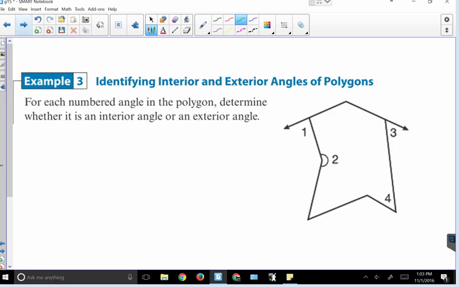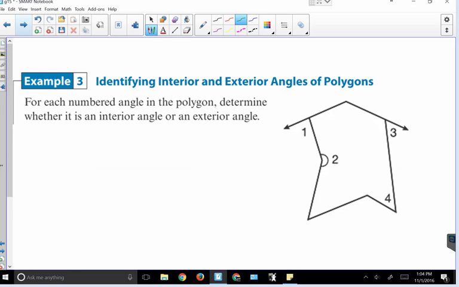So, it's a shape of some kind. What is angle 1? Is it an exterior or an interior? Appears to be outside the shape, so it's got to be exterior. Is 2 interior? Is 4 interior? Okay. Give me a moment.